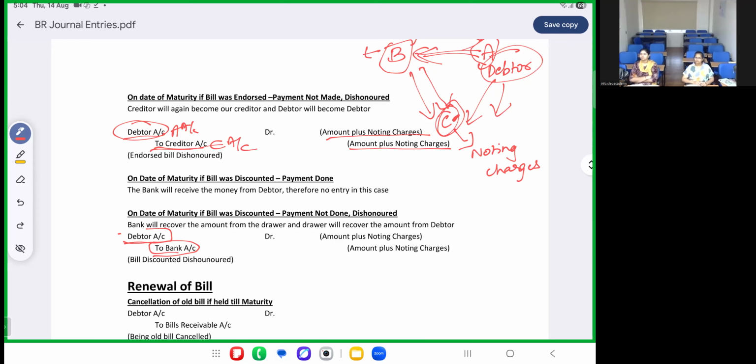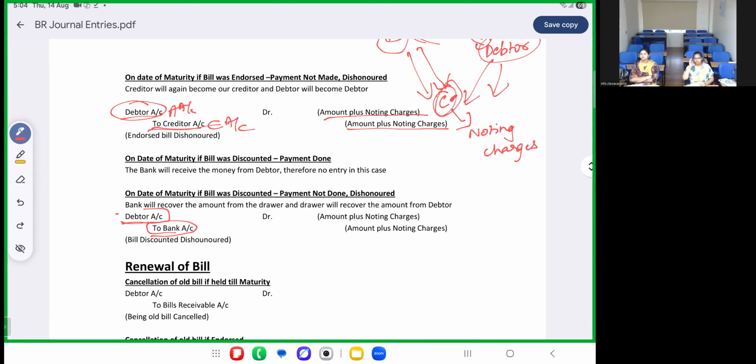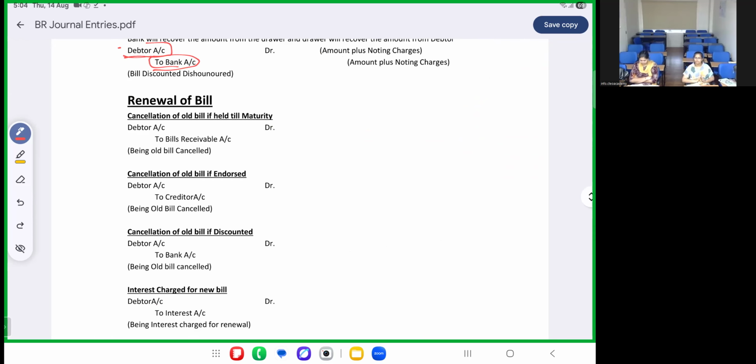Now, my debtor or my drawee, whatever name you call, who accepted the bill, comes to me. He wants further time. In that case, I'll cancel my old bill and create a new bill.